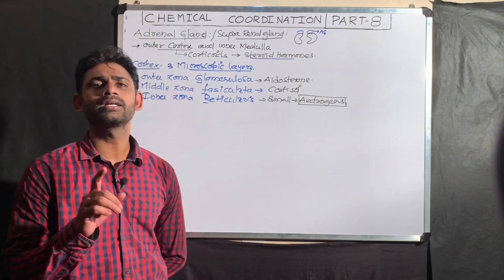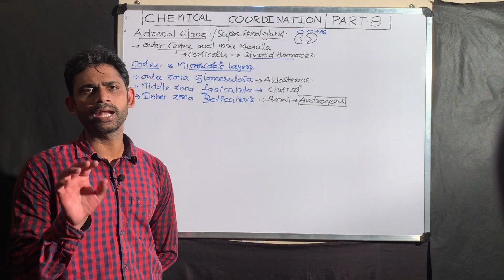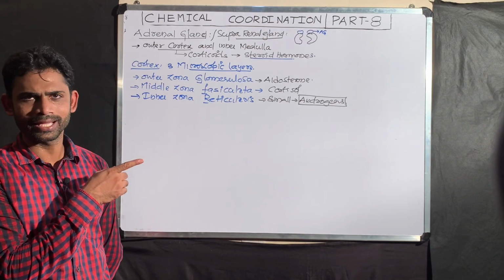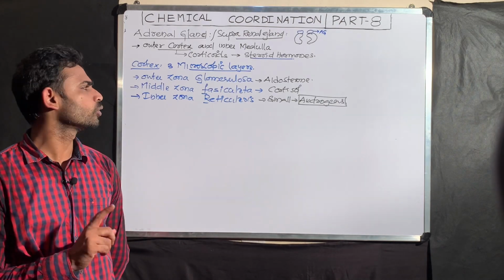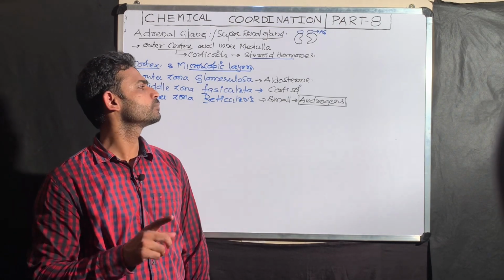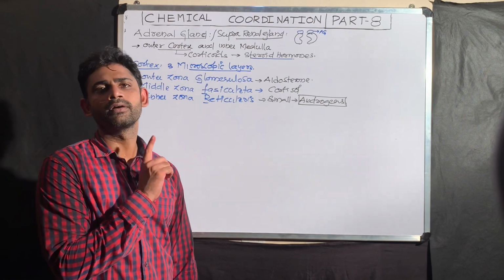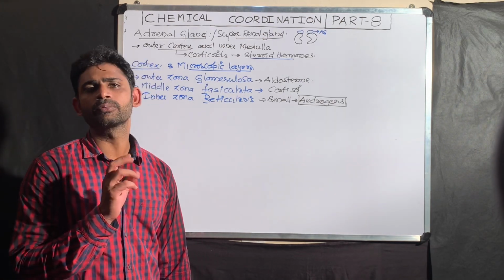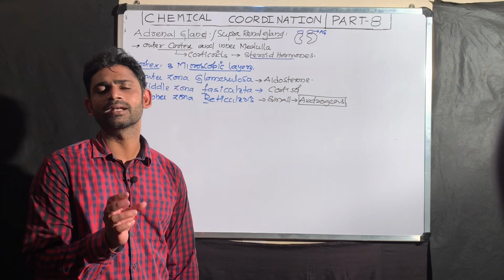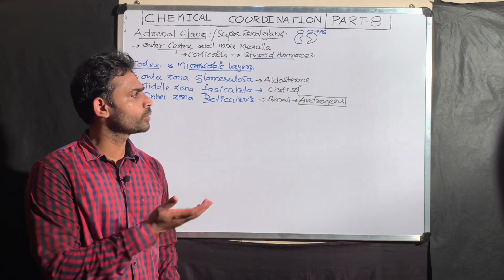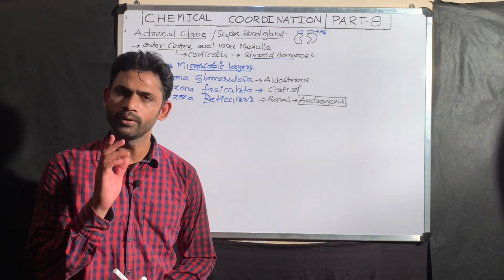In females, androgens are produced by the adrenal cortex, where the zona reticularis produces a small quantity of androgens. This small quantity in the female produces secondary sexual characters, like pubic hair growth and development, which is possible because of the presence of androgens.